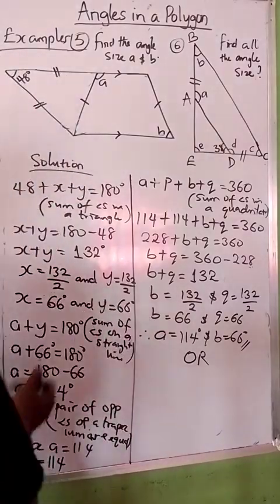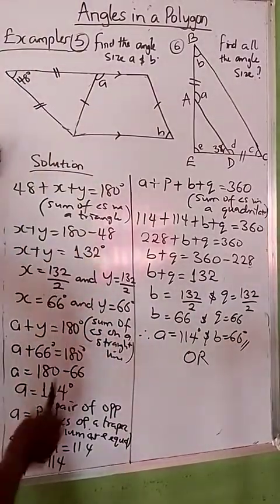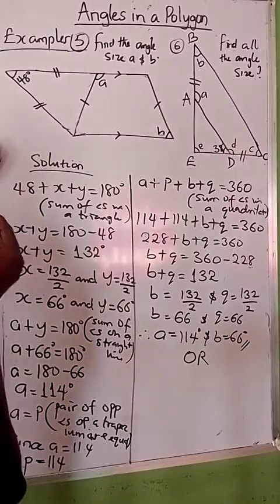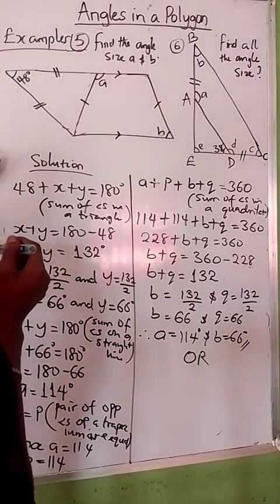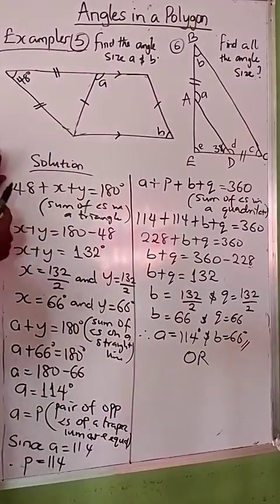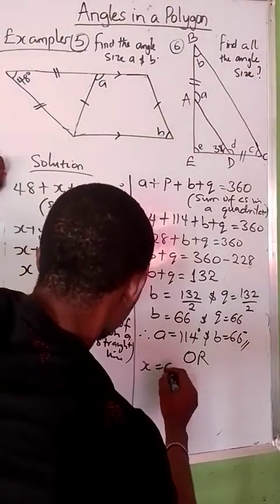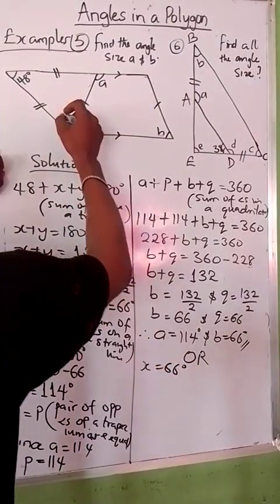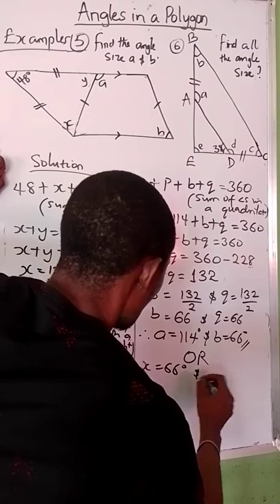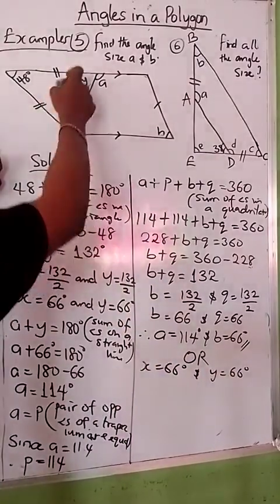After getting the values for your x and y, x equals 66 degrees and y equals 66 degrees, meaning you have to solve this first.